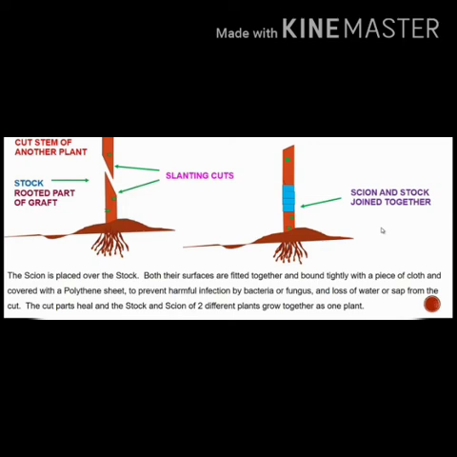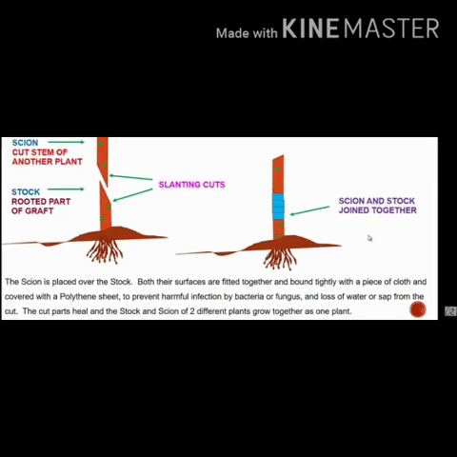And the cut parts heal, and the stock and scion of two different plants grow together as one plant. Now the new plant which we get is the combination of the best qualities of both. The scion becomes the upper part, and the flowers and fruits are all formed by the scion. It is done in trees like mango, apple, citrus fruits, pear and rubber plant.